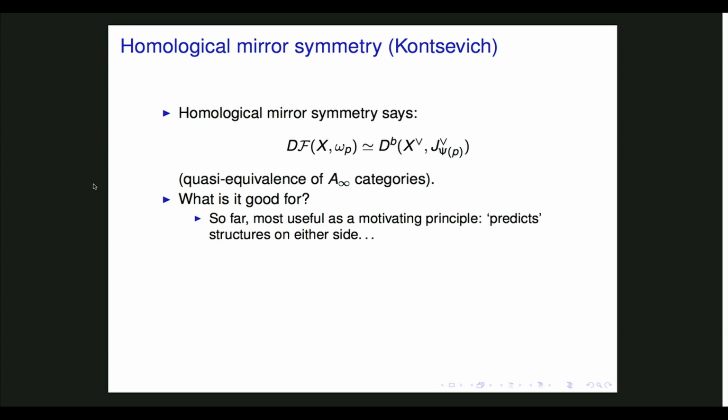Well, it's mostly been useful as a motivating principle. You kind of see that there's a certain structure on one side of mirror symmetry, and then you say, well, if mirror symmetry is true, then the same structure should exist on the other side, and then you can go look for it there.